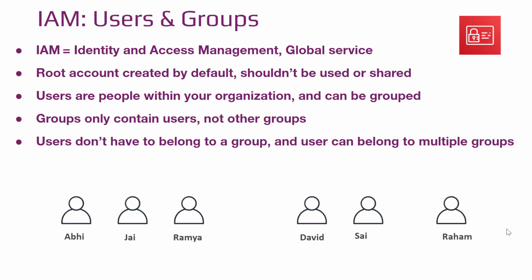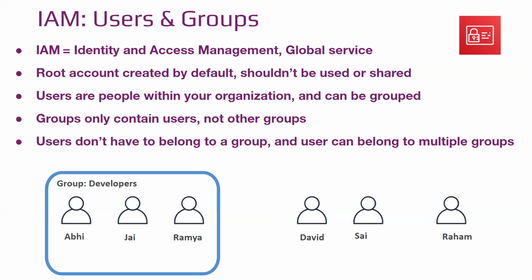Consider here I am showing 6 users as an example: Abhi, Jay, Ramya, David, Sai, and Raham. These are the 6 users we have created in IAM from your organization.